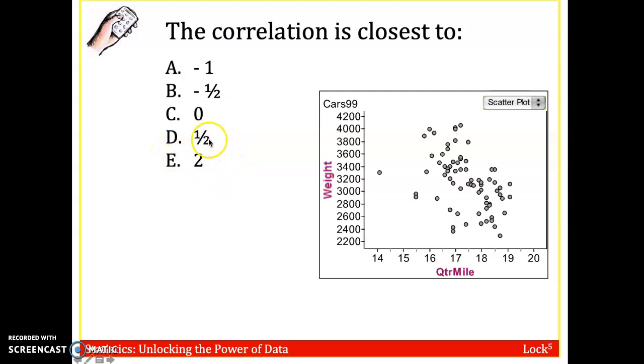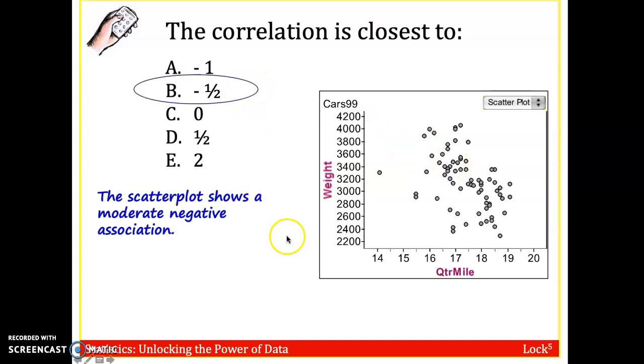And hopefully you crossed off 1/2. If you could see this, the general trend is negative. The more we go on the x-axis, the lower we go on the y-axis. And -1 is perfect correlation, meaning all these dots would go on one line, so it can't be -1. So it has to be -1/2 out of these options, at least.